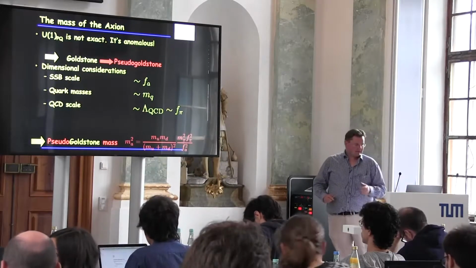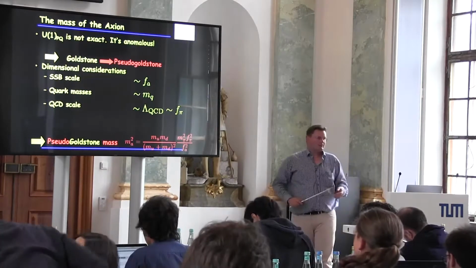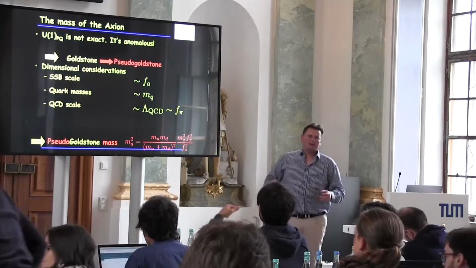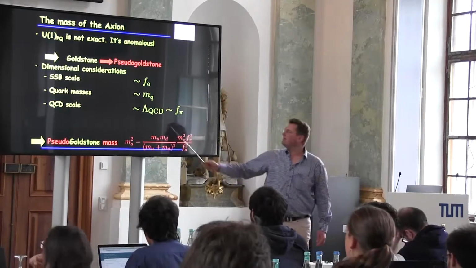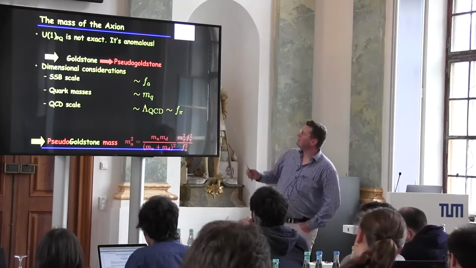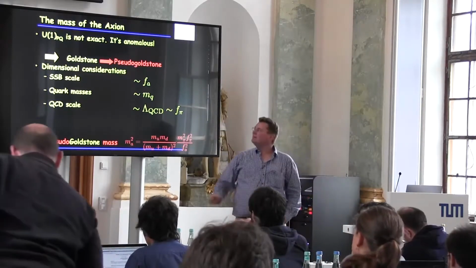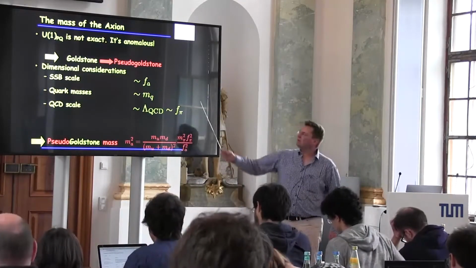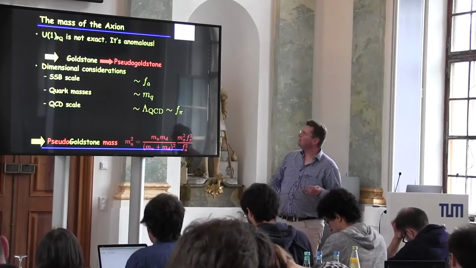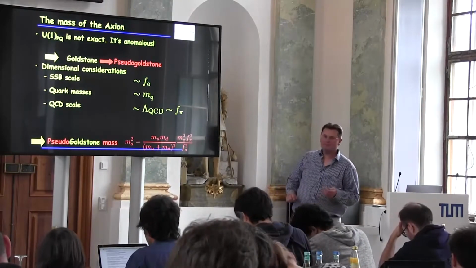Okay, so what does that now mean? Well, because we already saw that the energy depends on the value of theta, and therefore on the value of the axion, this axial U1, or the U1 Peccei-Quinn, is not an exact symmetry, it's anomalous.